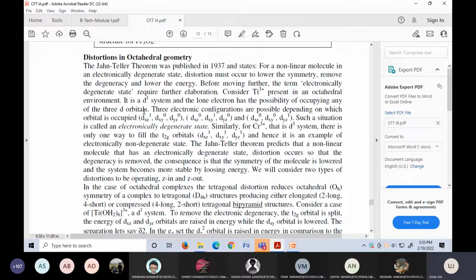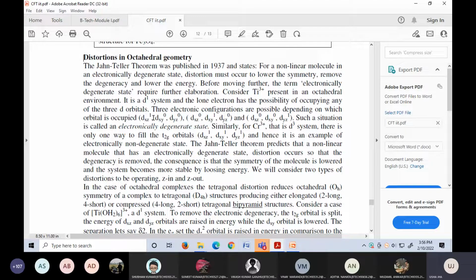Because the electrons can exist as dxz1, dxy1, dyz0, or dxz0, dxy1, dyz1, or dyz0, dxy1, dxz1. So the d2 system will also be electronically degenerate, because although all three are equivalent, you have an unequal number of electrons present in them.